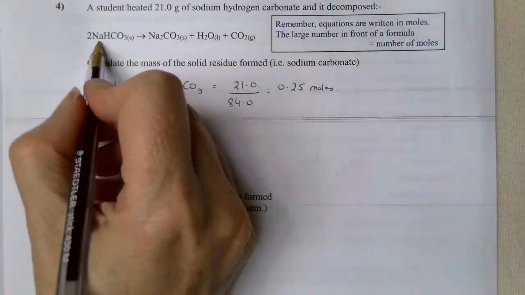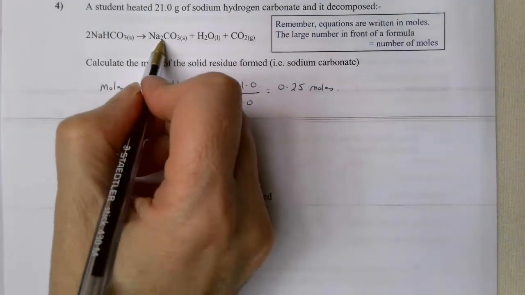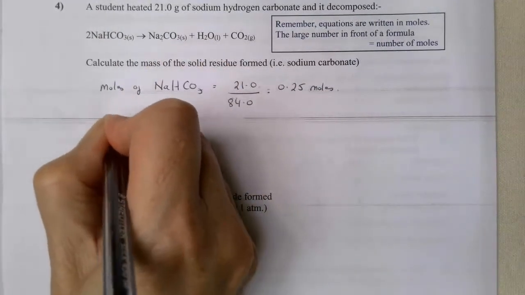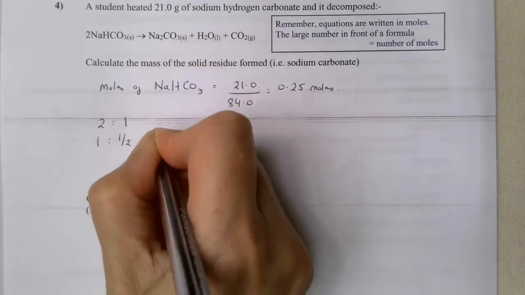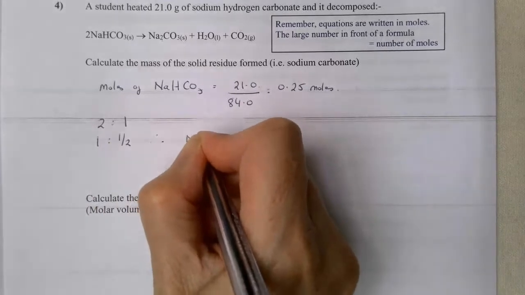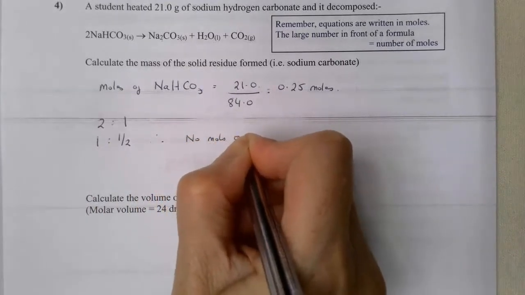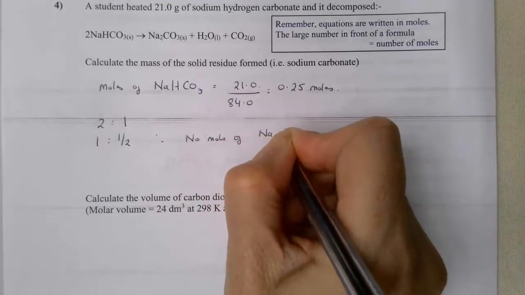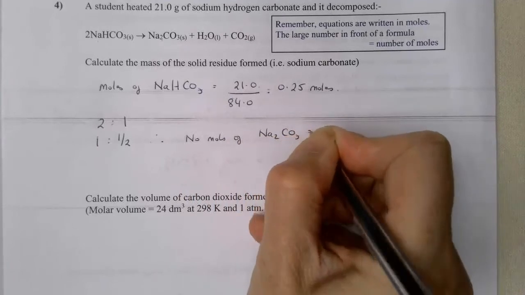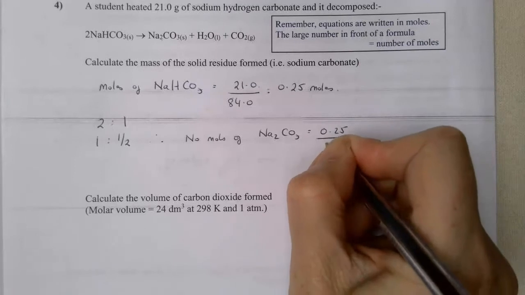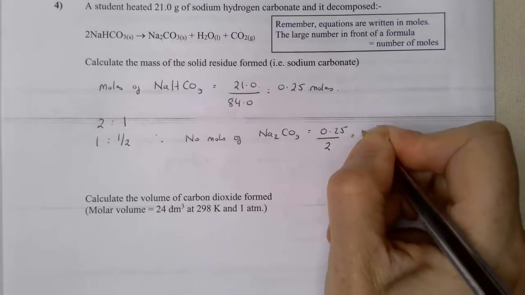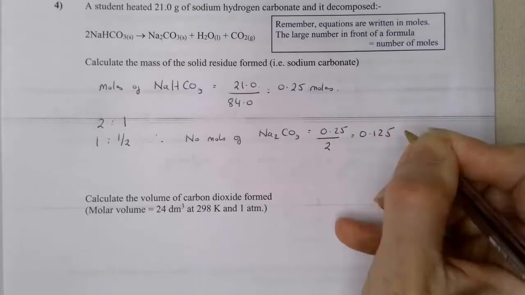The ratio between the sodium hydrogen carbonate and the sodium carbonate is a 2:1 or a 1:1/2. So therefore, the number of moles of sodium carbonate is half this amount, 0.25 divided by 2, and that's going to give me 0.125.